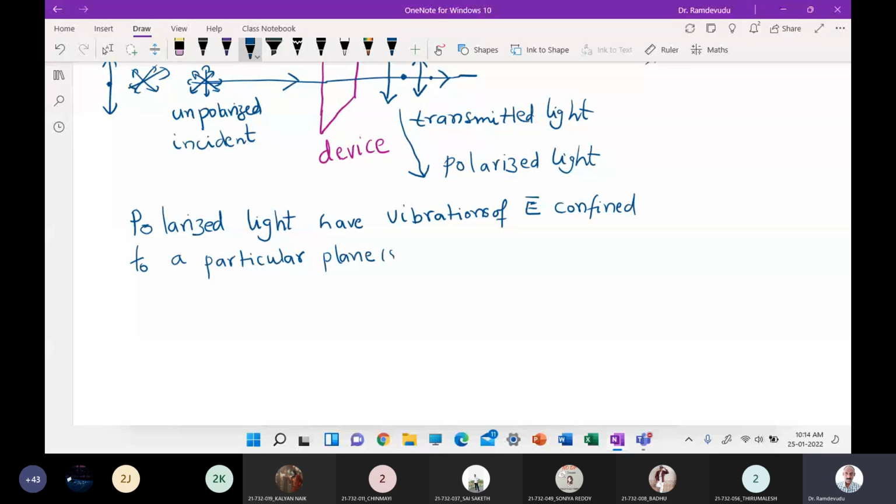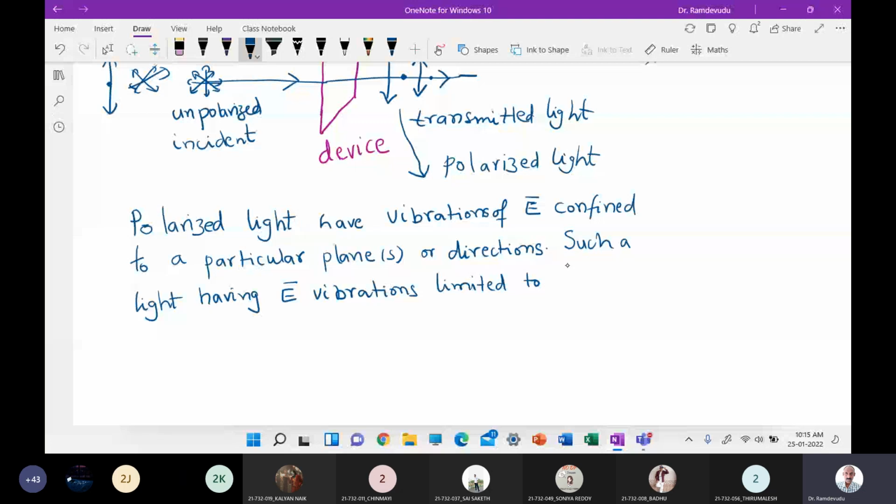Such a light having vibrations limited to a few directions, not all directions, is called polarized light.